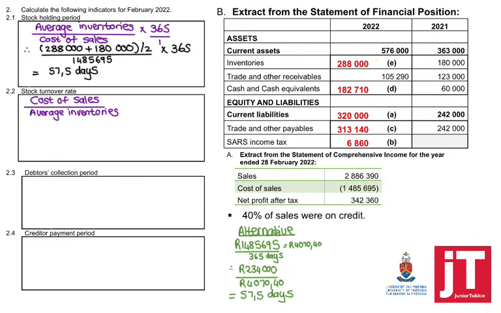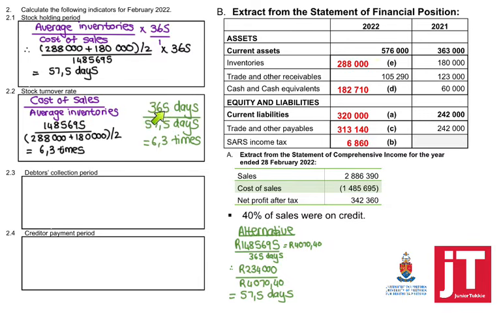Stock turnover rate is the opposite, so do not get confused between the two. Here we take our cost of sales divided by the average inventories. Your answer is always how many times per year. If you take 365 days divided by the 57.5, you would get exactly the same answer.